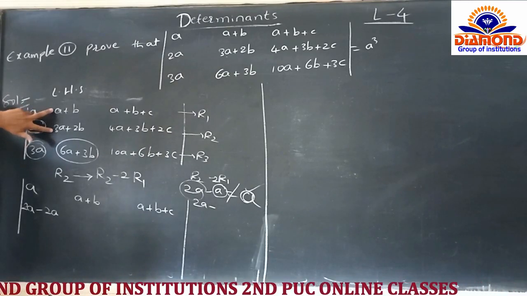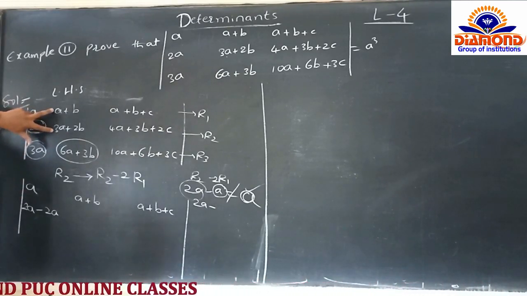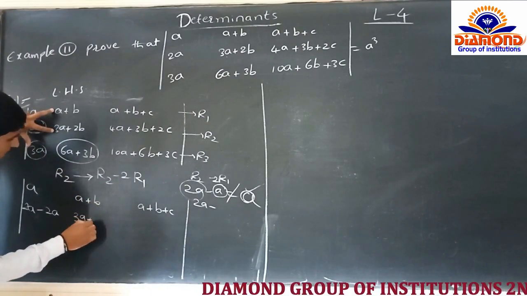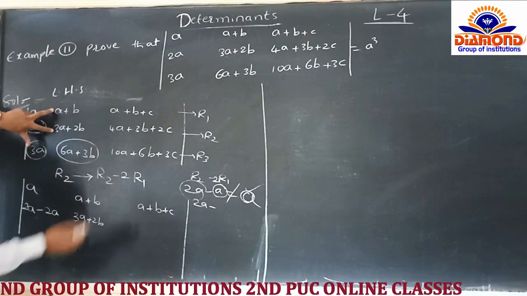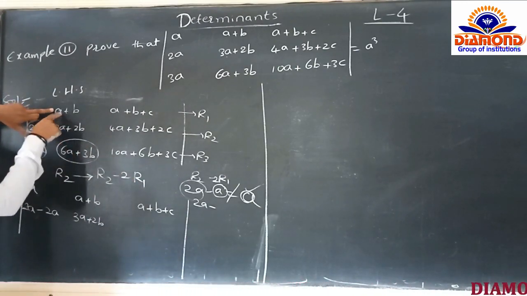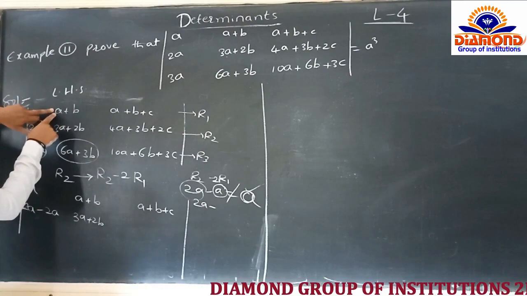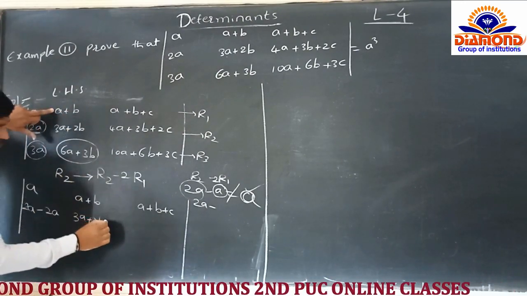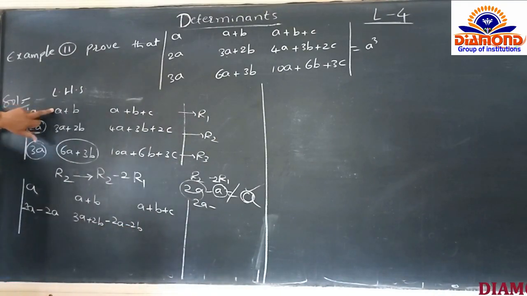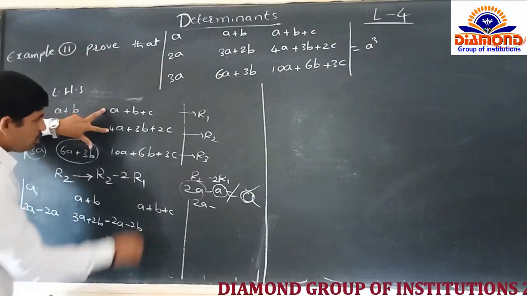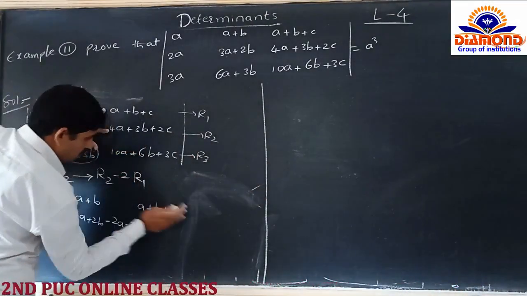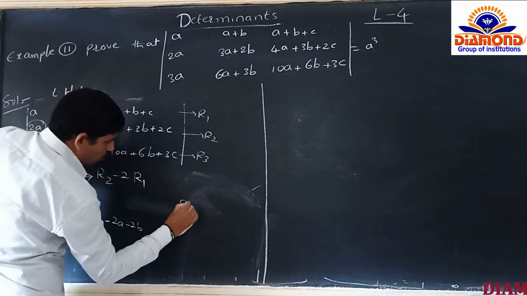Again, taking the second element, similarly, R2 is 3A plus 2B, minus 2 into R1. The corresponding element in R1 is multiplied by 2 and by minus: minus 2A, minus 2B. Got it? Next is the last one, R2, again. So I will write R2 here.